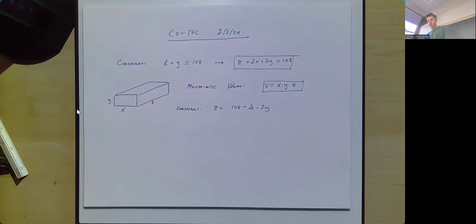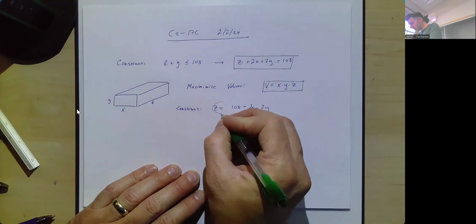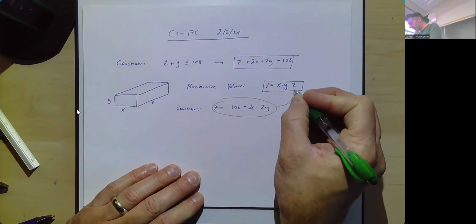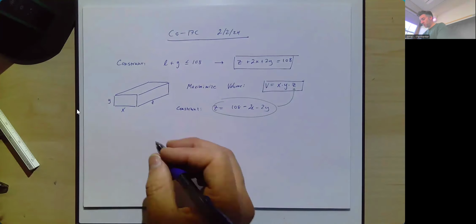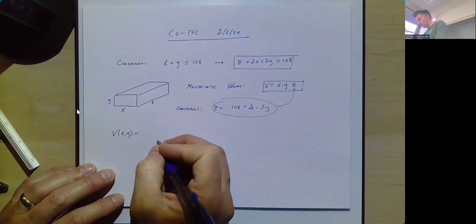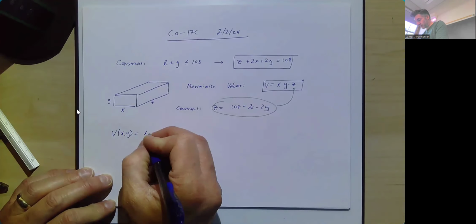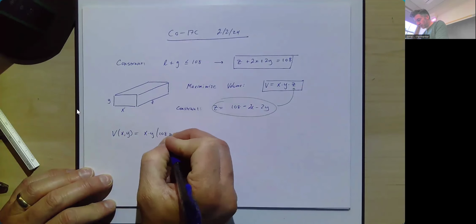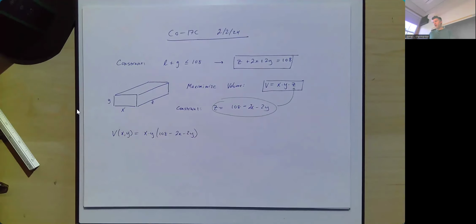And I'm going to substitute that into my other equation, so that the thing I'm trying to maximize, I can then write as a function of two variables. So I'm going to have volume as a function of X and Y equal to X times Y times this new thing for Z. If I'm trying to find my partials, I'm probably going to multiply this out before I start finding my partial derivatives.